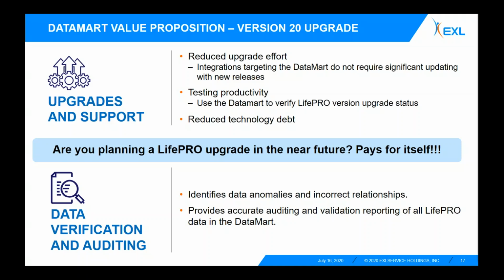So with the features that we have today, if you were to implement the DataMart, it'll come back and tell you, hey, here's a bunch of orphaned agent records, or here's orphaned policy records, or here's codes and option things that maybe you've done conversions to LifePRO in the past, and maybe you didn't get it perfect the first time you did it, or maybe you put a few option codes in there that don't normally exist. The DataMart finds those things. It reports them back, it puts them in a table, and it allows you to go and investigate why.